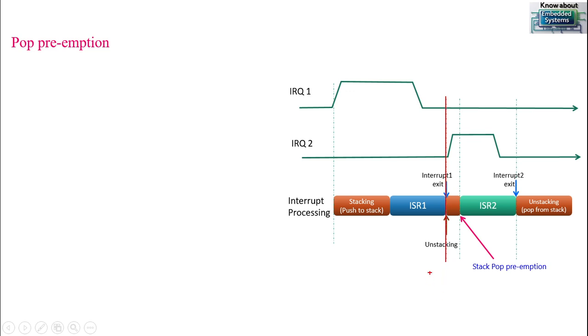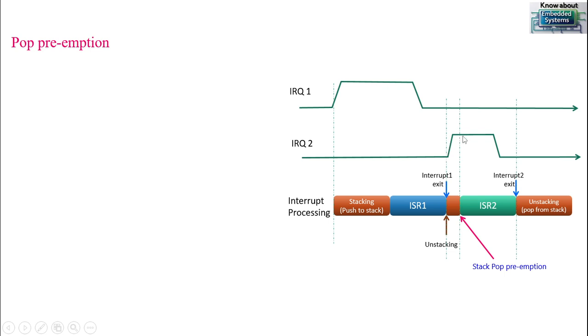At this point, this is the unstacking process of IRQ1. So IRQ requested, the processor will execute ISR, and during unstacking of IRQ1, the second interrupt will be triggered. Here you can see this is the point where the unstacking of IRQ1 happens, and at the same time interrupt 2 will also occur.